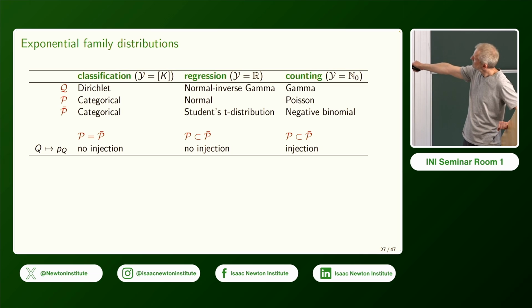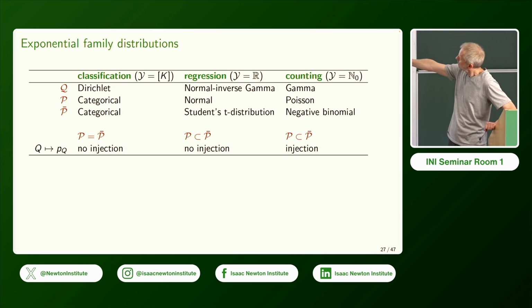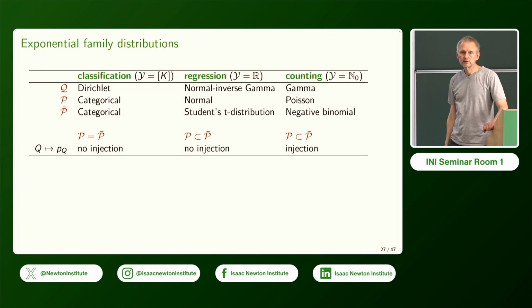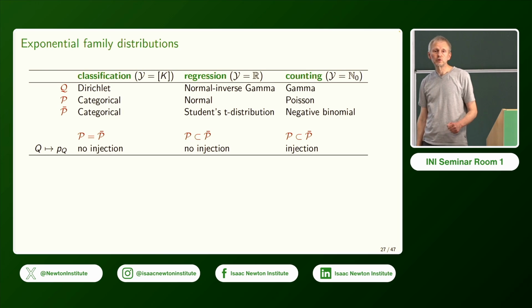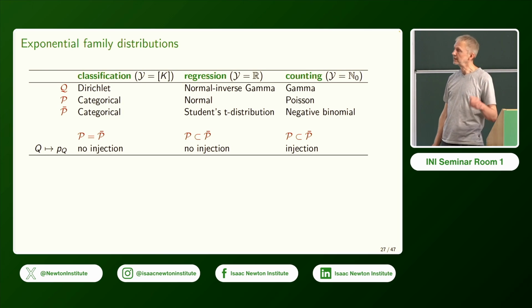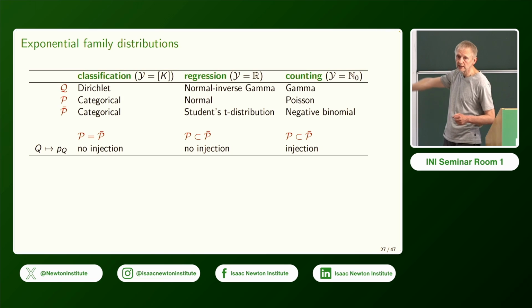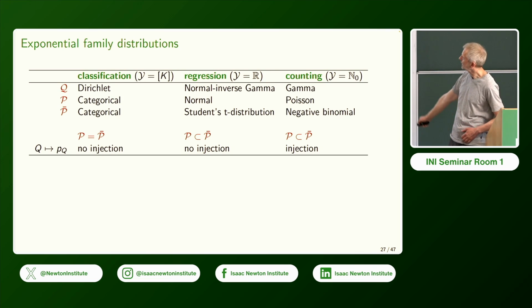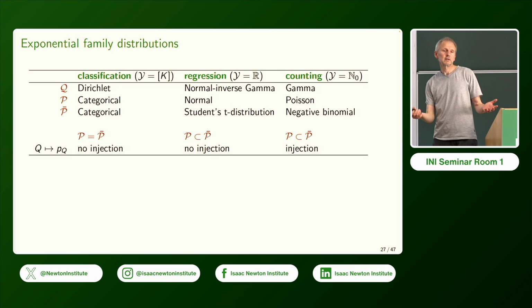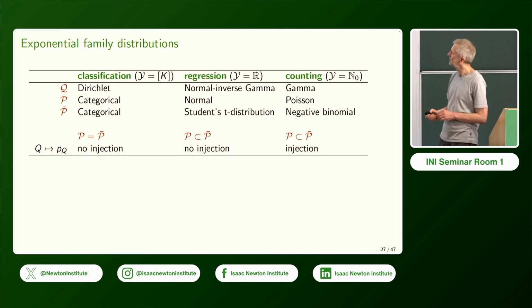So in the case of classification, for example, what you typically look at is a space of categorical distributions as your space P, on which you put a Dirichlet as a prior. And this combination leads to, again, categorical. So you remain in the same space, and do not gain anything.